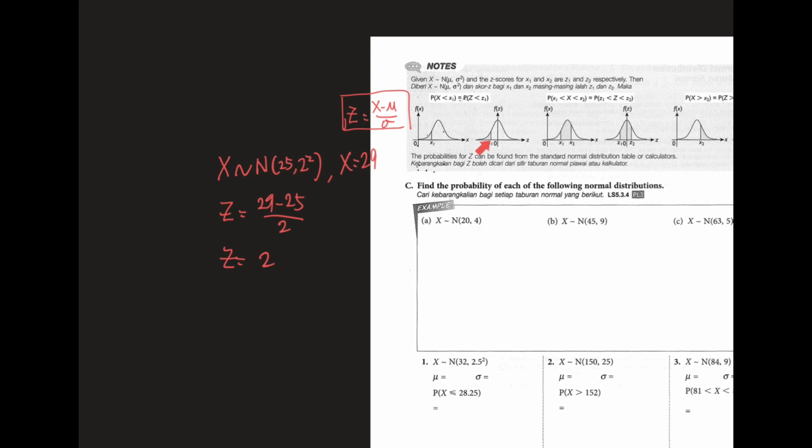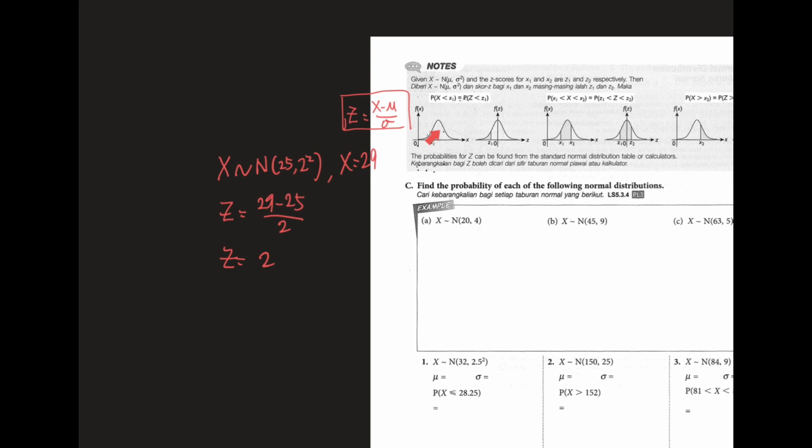So why do we need to change it to z? Because mathematicians have listed down the area under the graph for this graph, not this. Okay, they don't have time to find out the area under all kinds of f(x) versus x graph.